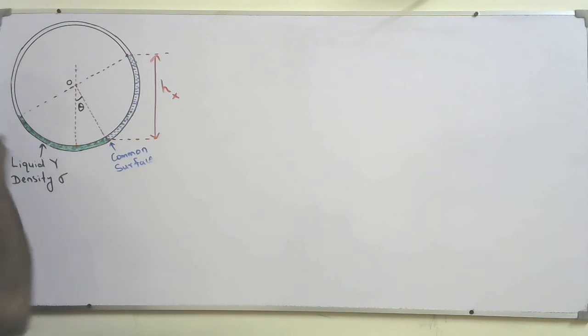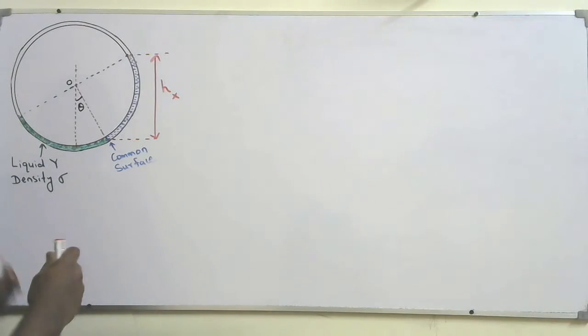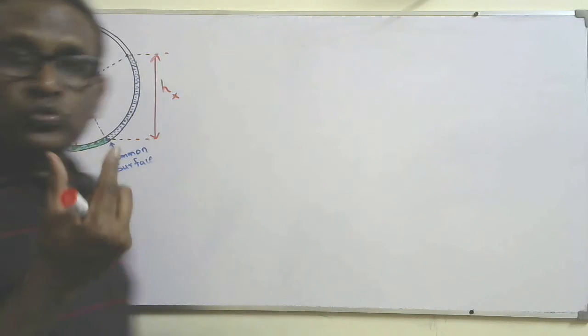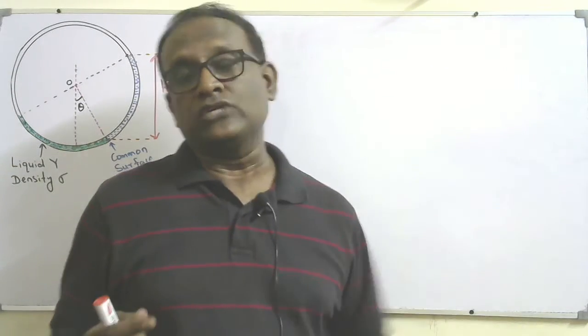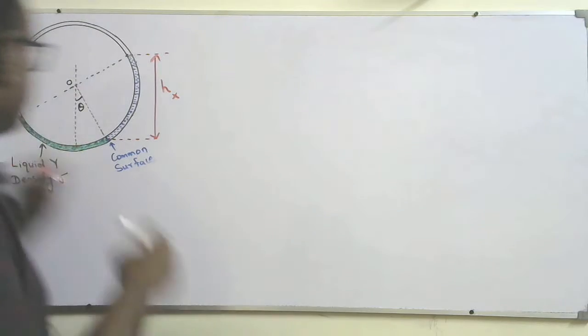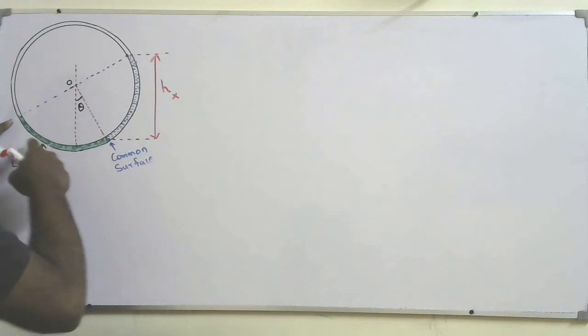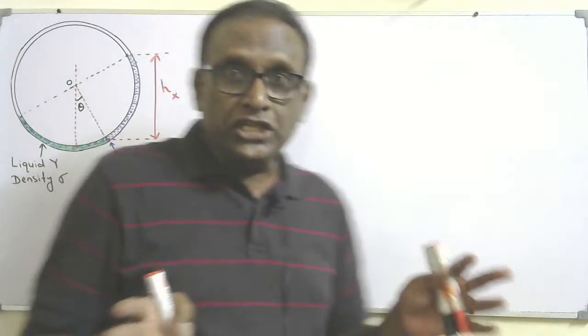The radius of the circular tube, I can take it as R, and we know that half of the tube is filled with equal amounts of two different liquids, X and Y. That's the way the question is saying. So half of the tube is filled when we consider both X and Y. So X and Y have the same volume.